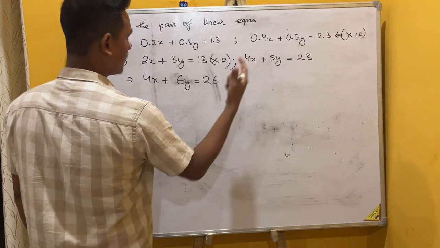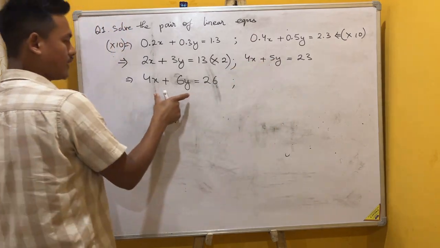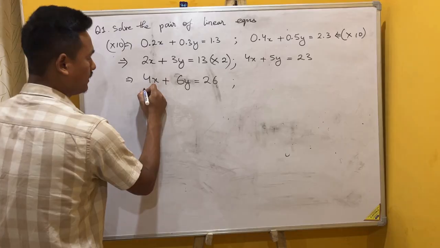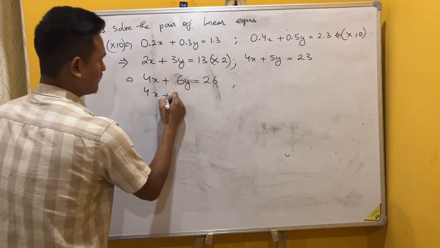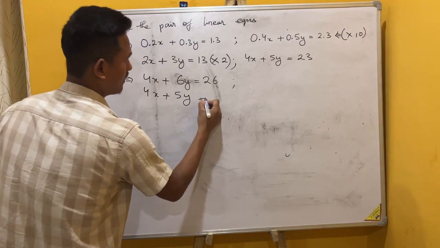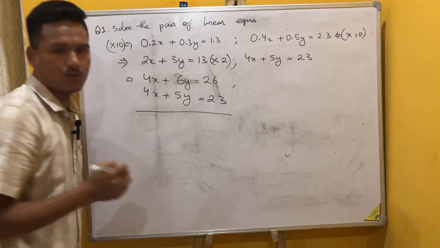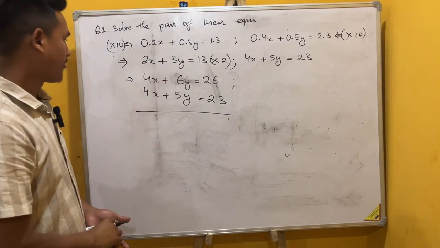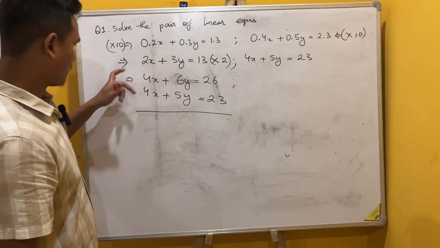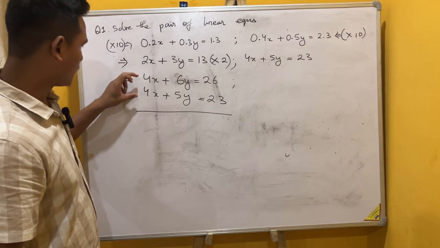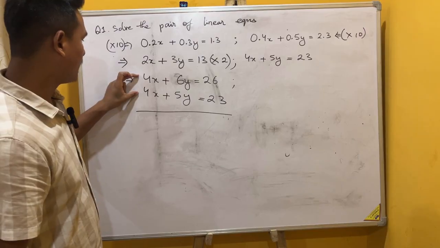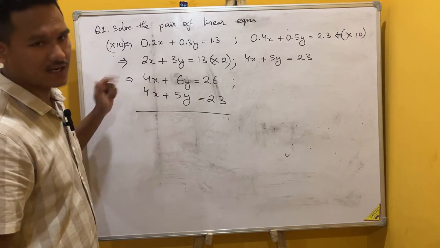So next I will keep this right below this equation. Next, we keep the variable which is equal, and we make them of different signs.